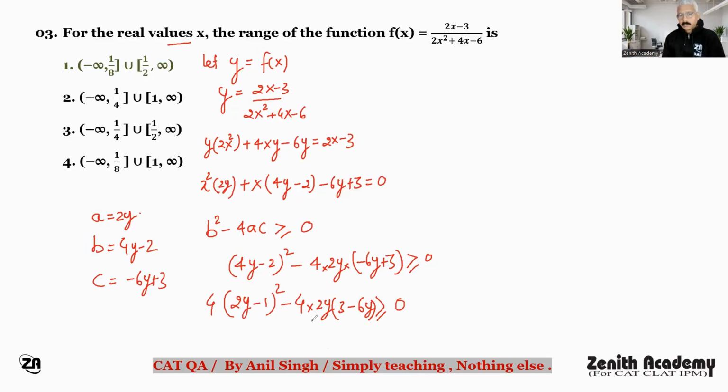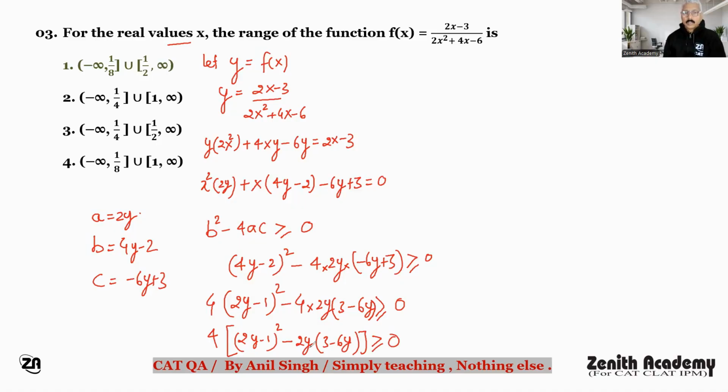So further we can take common 4. So finally we have 2y minus 1 square minus 2y into 3 minus 6y greater than or equal to 0.